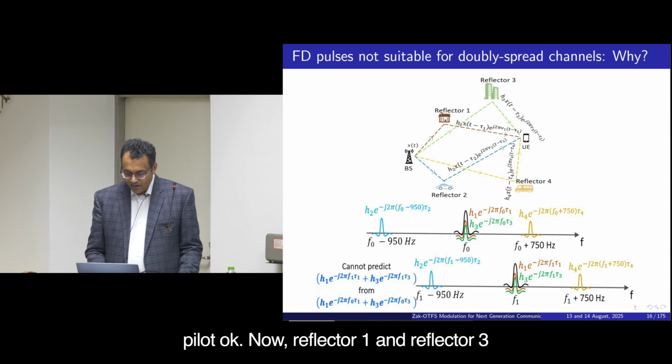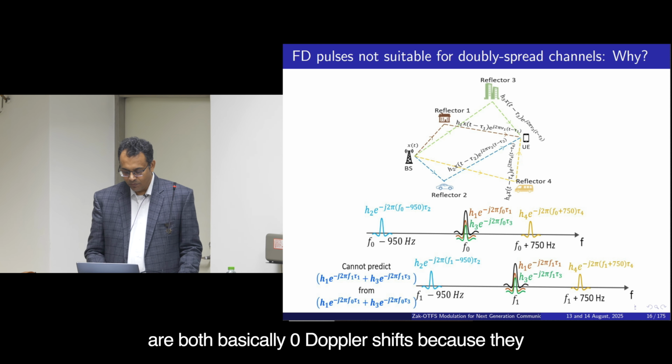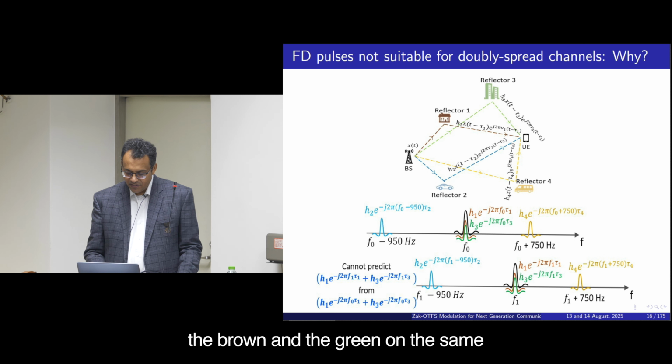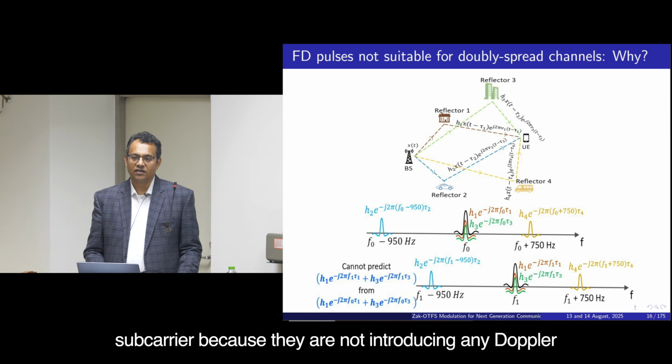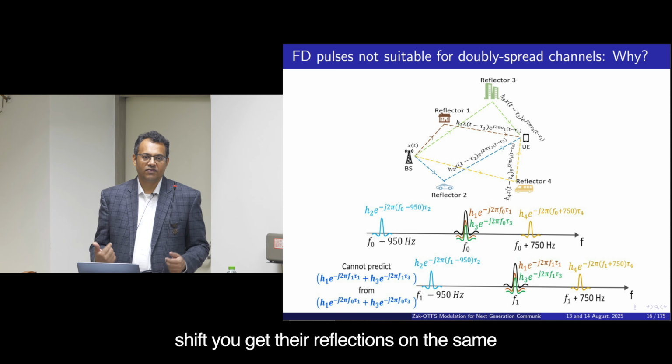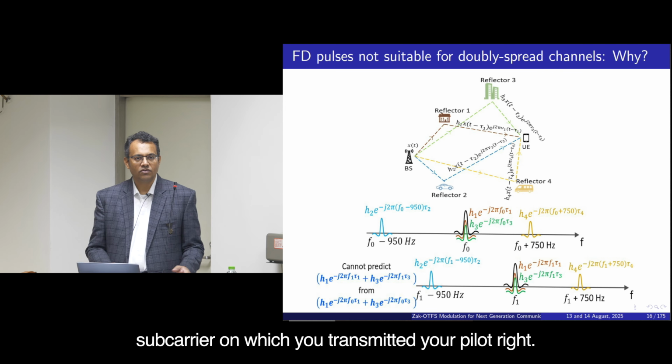Now reflector 1 and reflector 3 both have 0 Doppler shift because they are stationary. So I will get reflections from the brown and the green on the same subcarrier because they are not introducing any Doppler shift. You get the reflections on the same subcarrier on which you transmitted your pilot, right?